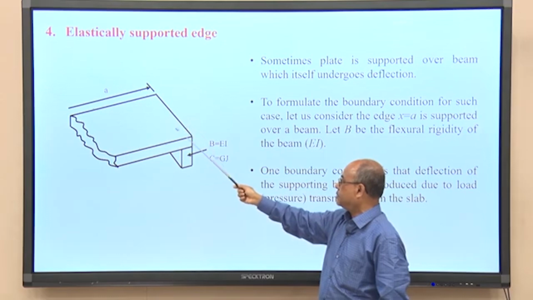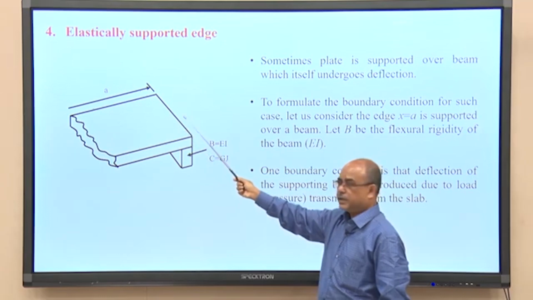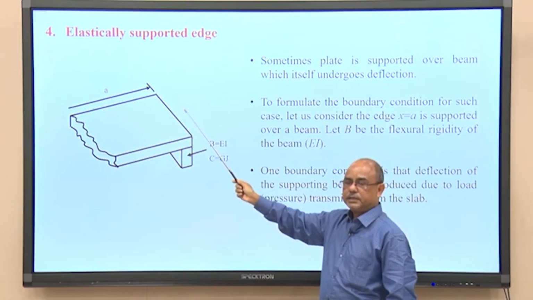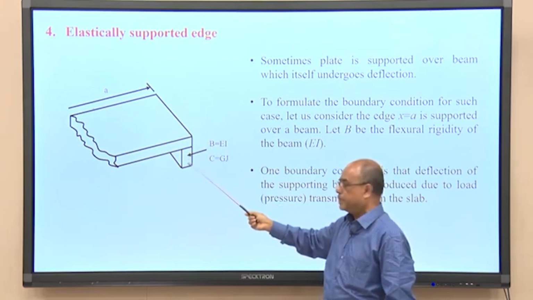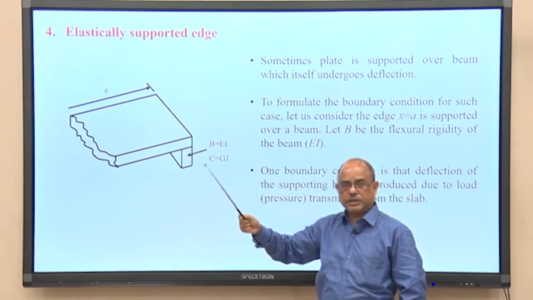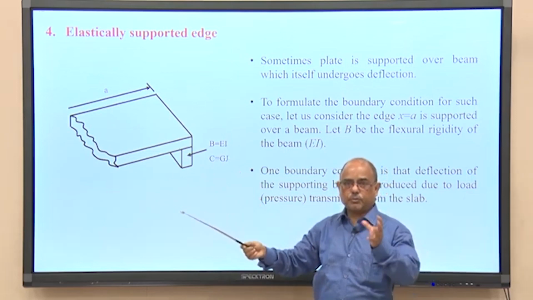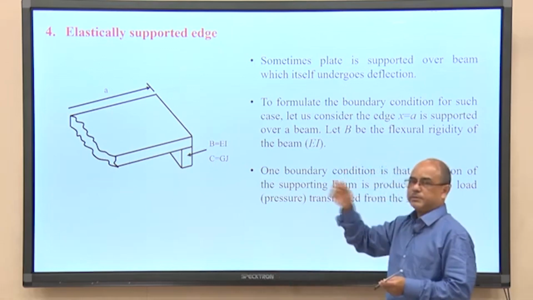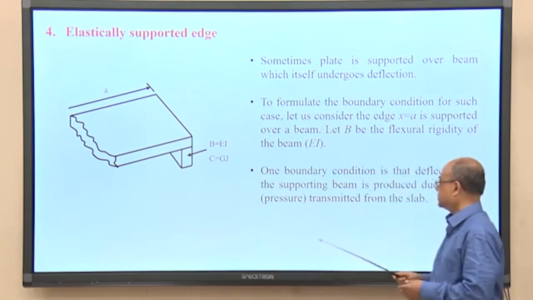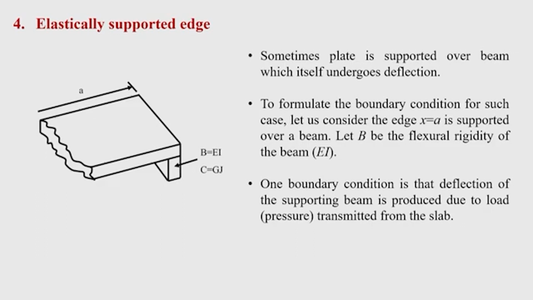Similarly, the bending moment you get here for the plate will be the distributed twisting moment over the beam, which has to be resisted by the torsional moment or torque in the beam. So, let us find the mathematical expressions for these conditions. Two conditions I have expressed and written here.